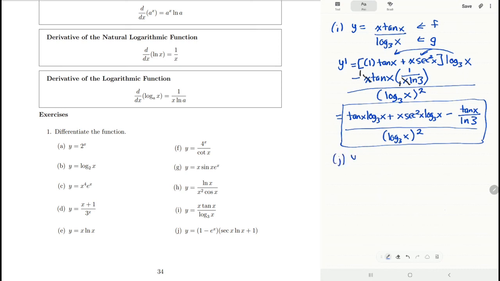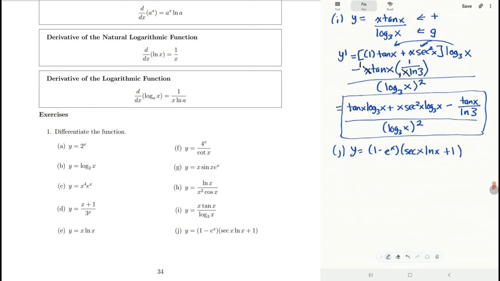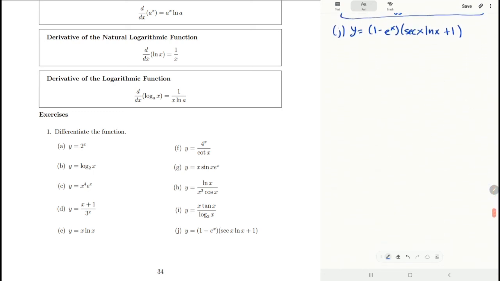And in the last example, we have 1 minus e to the x times secant of x, natural log of x, plus 1. So here we need to apply the product rule.